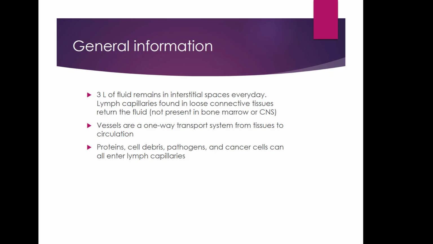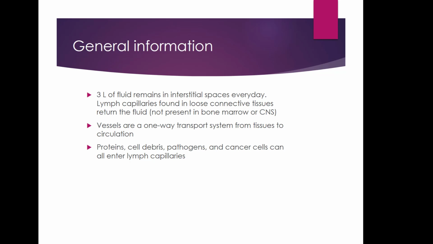However, the hydrostatic pressure at the arterial end is greater than the osmotic pressure at the venular end, and therefore not all of the fluid that comes out on the arterial end is returned at the venular end. So every day, 3 liters of fluid will remain in our interstitial spaces.